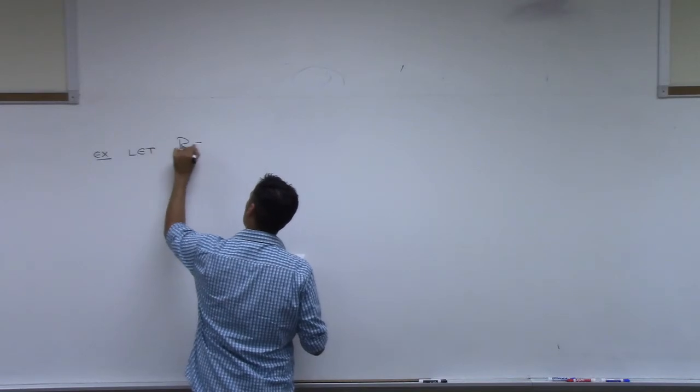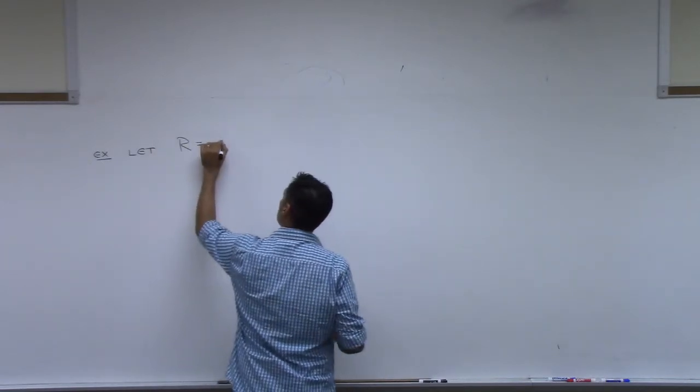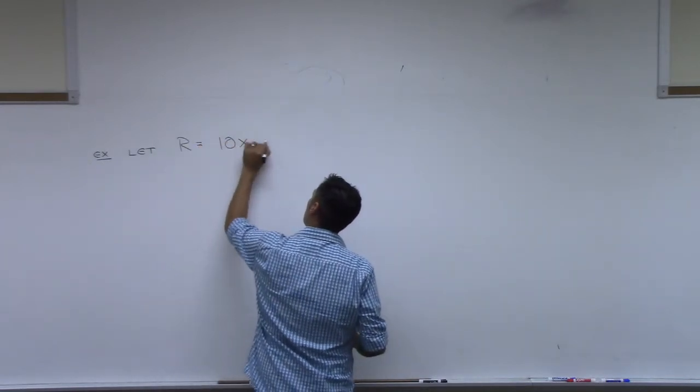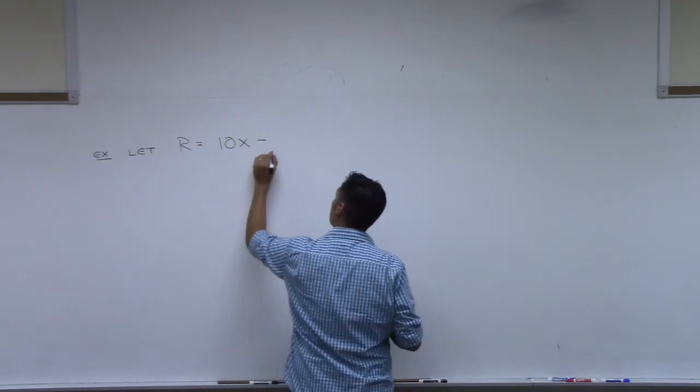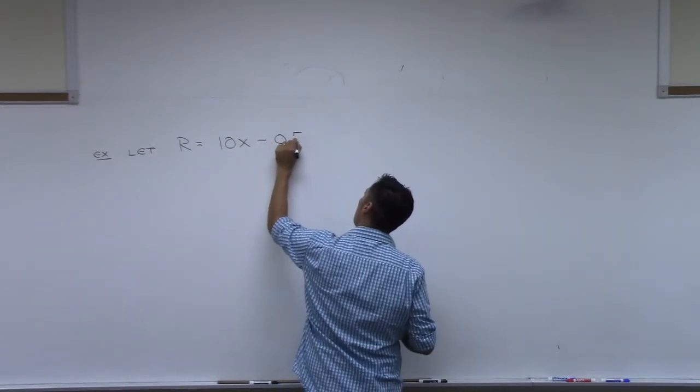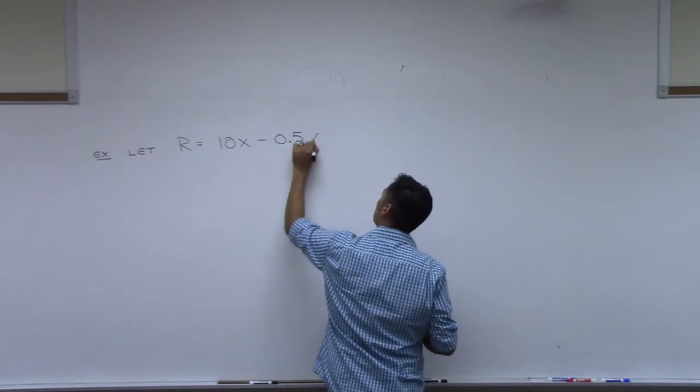Let r be equal to 10x minus 0.5x squared.